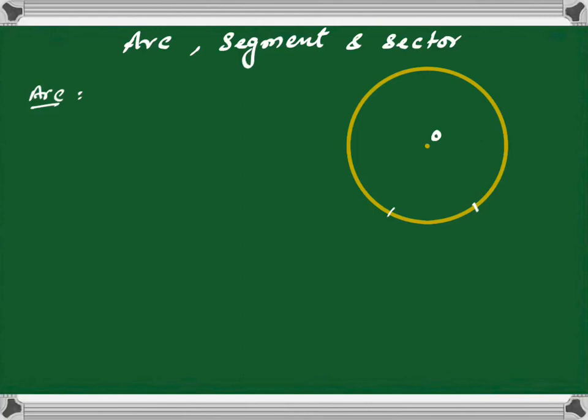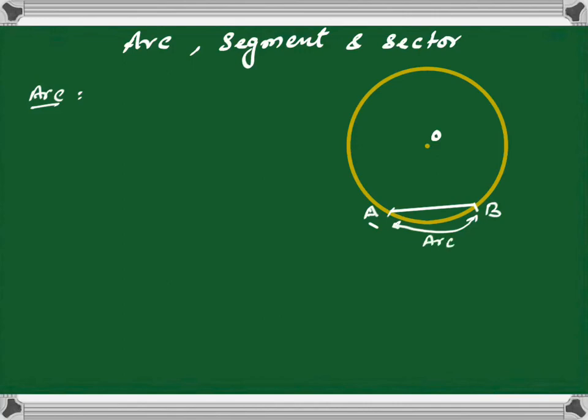So if I draw a chord here, A and B, suppose I am giving the name A and B, this is A and this is B. AB is the chord, and this length is called the arc.